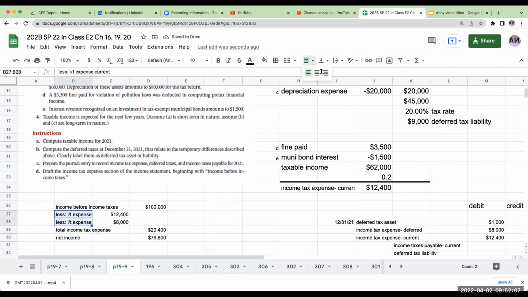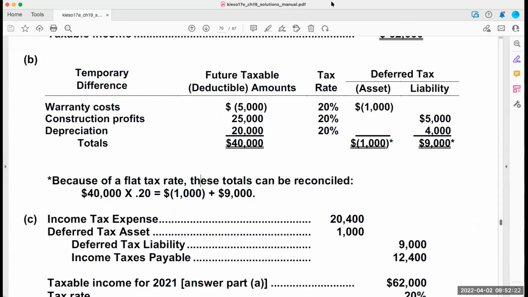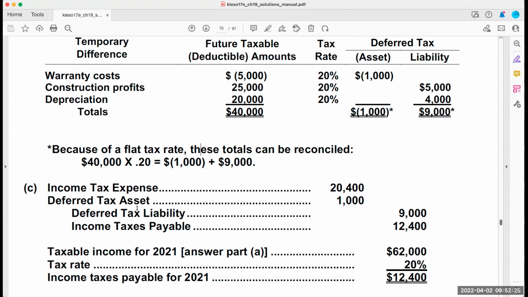Something that's really important here, and I'm going to share this with you just because I want you to kind of understand. If you look at the book solutions, and I'm just going to show you something right over here. So if I look at the book solutions, notice here that the income tax expense is showing $20,400.